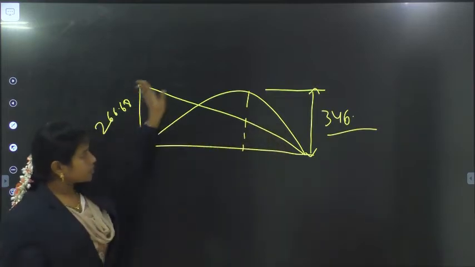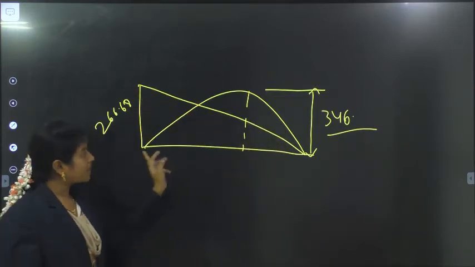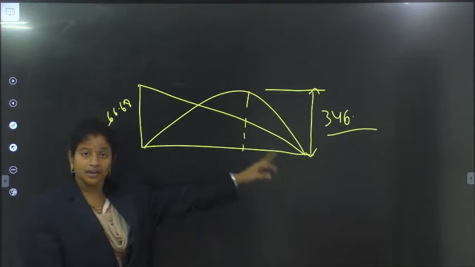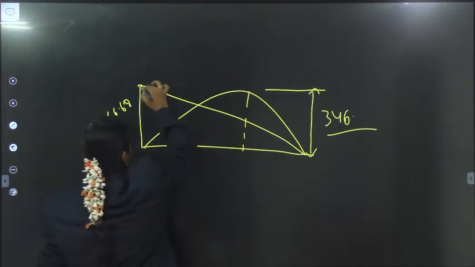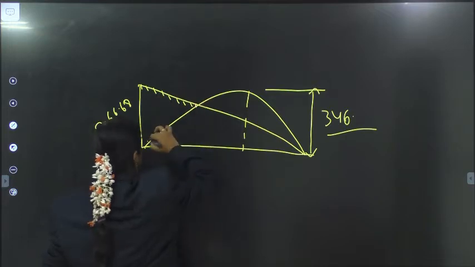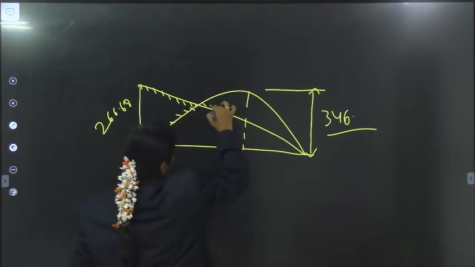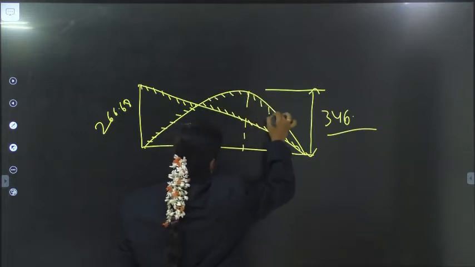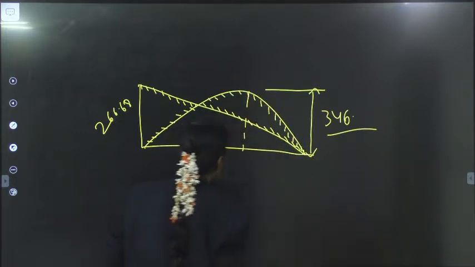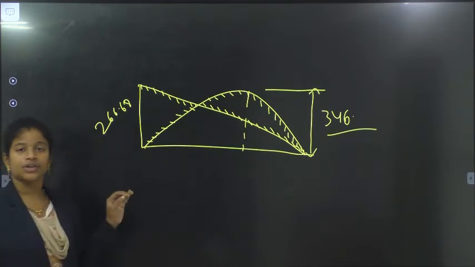So originally the support moment diagram and then this free bending moment diagram, superimposing that, we will get the original structure. Now with respect to the support line, this is the structure we have got.